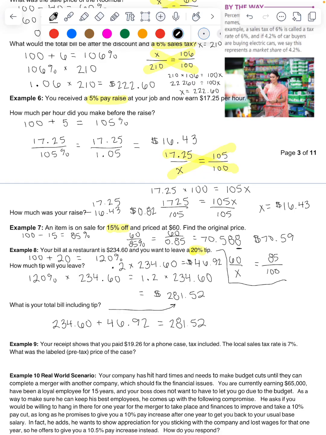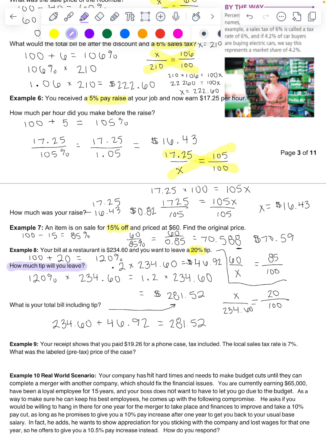If I wanted to do this one as a proportion, for part A, how much tip would you leave? To do that, I'm only finding the 20%, so I'm just putting 20 over 100 is how much out of the entire bill. So this would be my proportion.